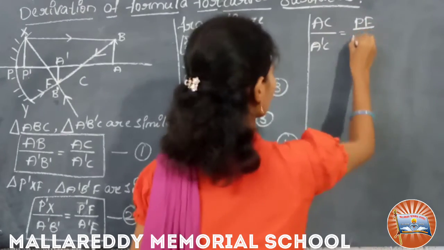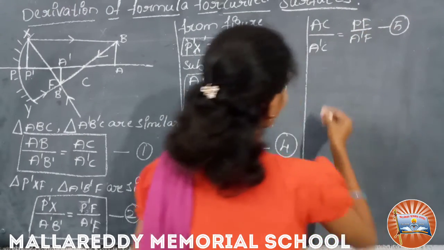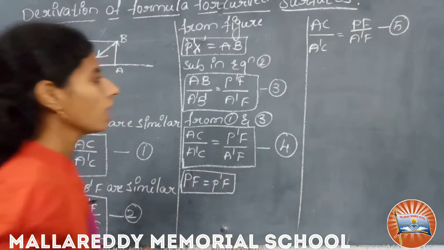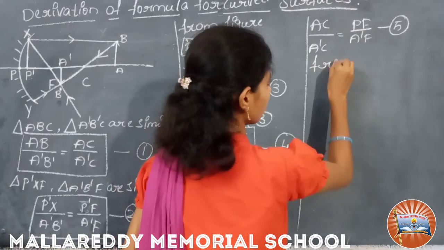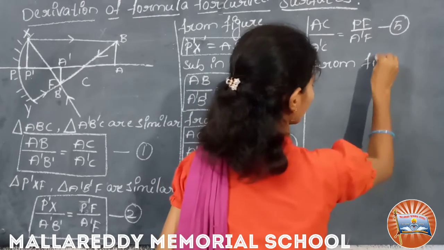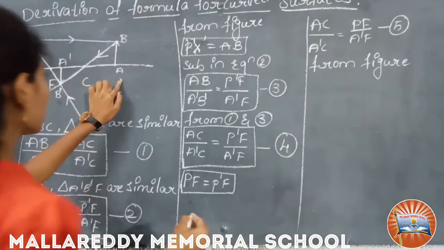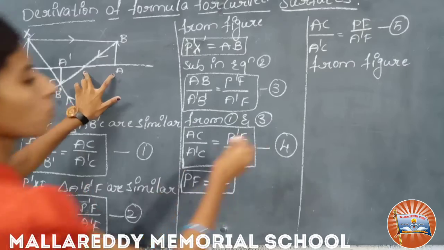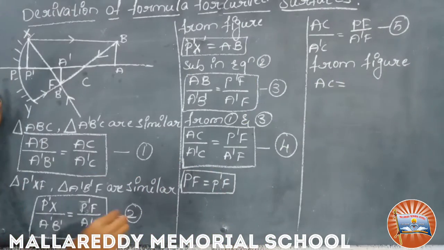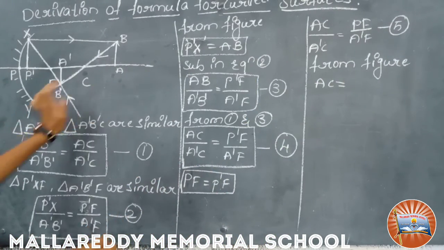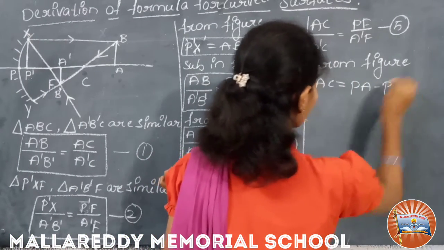PF by A dash F. Now take this as equation 5. Now from the figure we can write AC. AC is equal to PA minus PC.